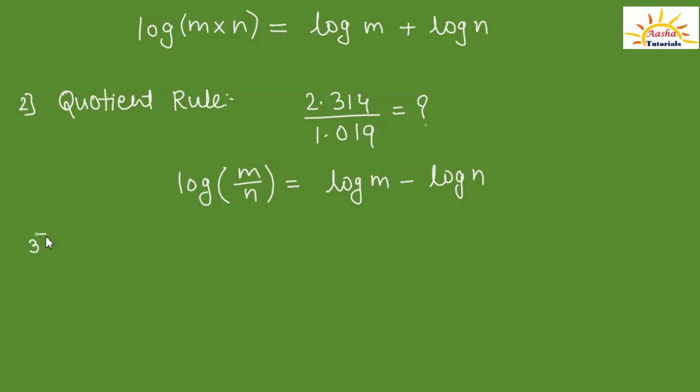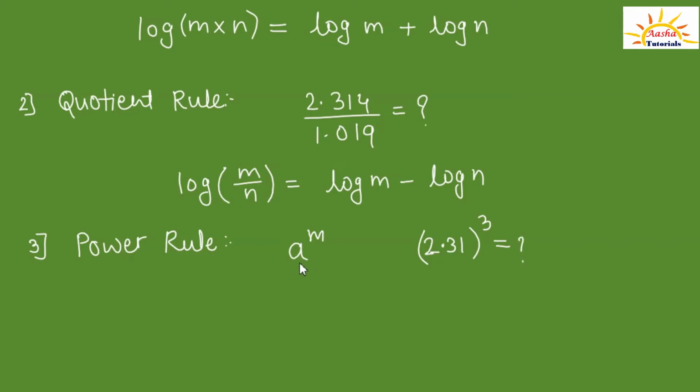Then the third rule is the power rule. Sometimes in calculation, we have to find the power of certain numbers. Like if we have a raised to m, or numerically, suppose I want to find the cube of 2.31, then finding the cube of this 2.31 may take longer time, but with the help of the log table we can do it very simply.